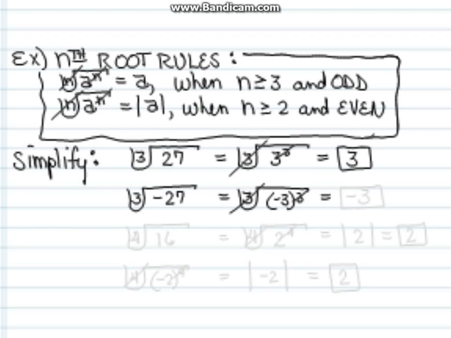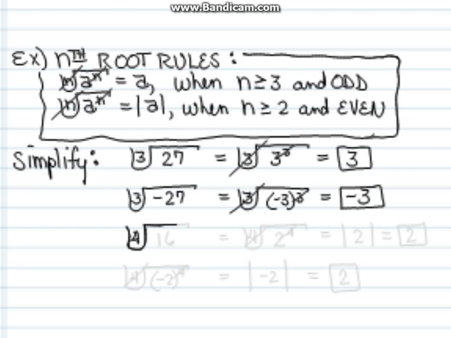Now the question is, do we slap absolute value bars on that negative 3 to make it positive, or should we just leave it as negative 3? And the answer is just leave it as negative 3. And the reason is because we have an odd index root. An odd index root never worries about positive or negative answer. It just is what it is, so you don't have to sweat it. You only sweat it when you're taking even indexed roots, like this example.